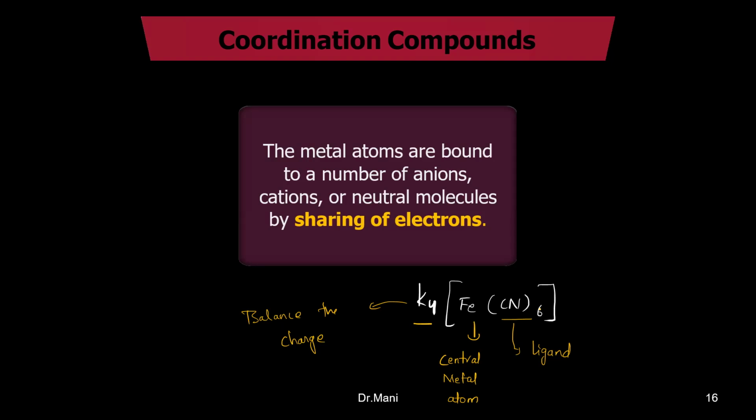So the metal atom is bound with any anion or cation or even a neutral molecule by sharing electrons. This is a very strong bond, that's why they cannot dissociate into ions. They will live together.